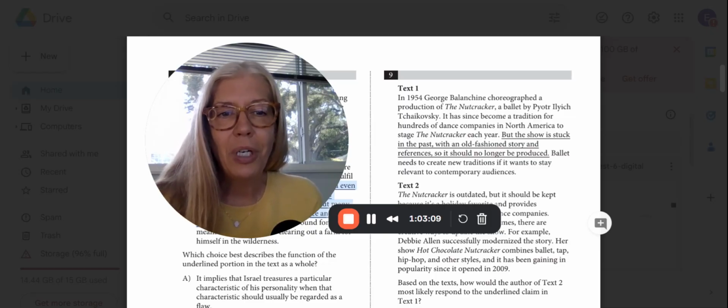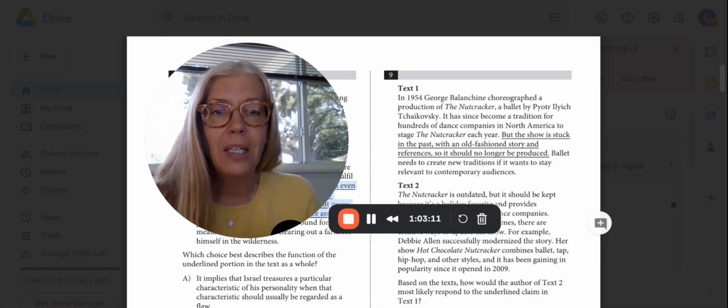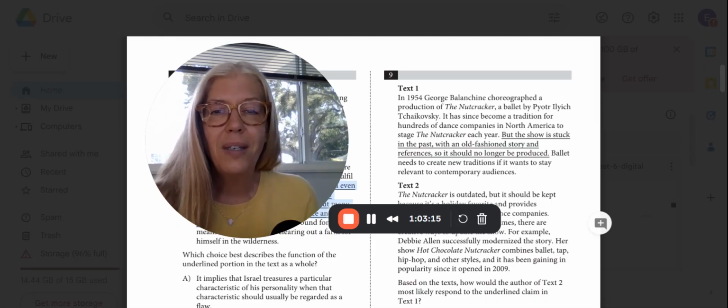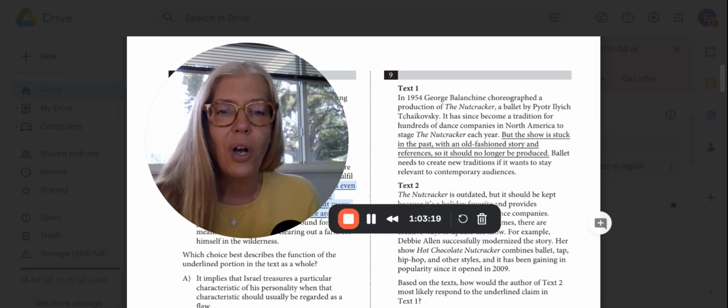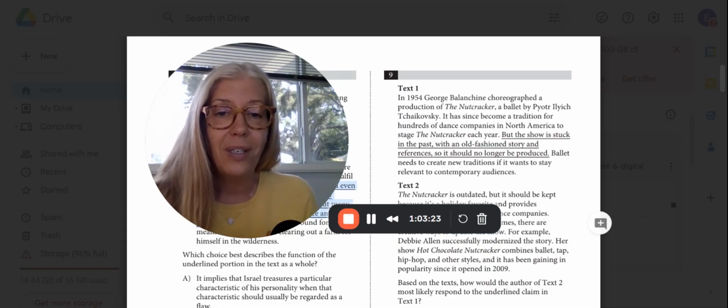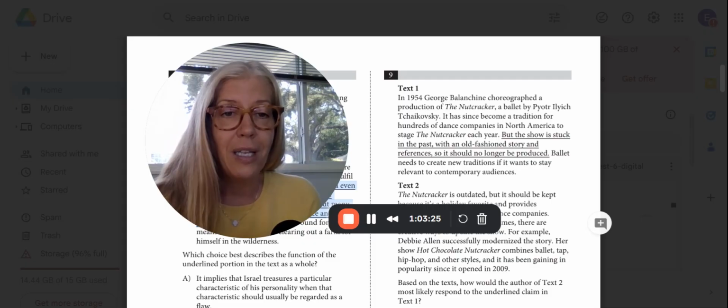It has since become a tradition for hundreds of dance companies in North America to stage The Nutcracker each year. But the show is stuck in the past with an old-fashioned story and references, so it should no longer be produced. Ballet needs to create new traditions if it wants to stay relevant to contemporary audiences.